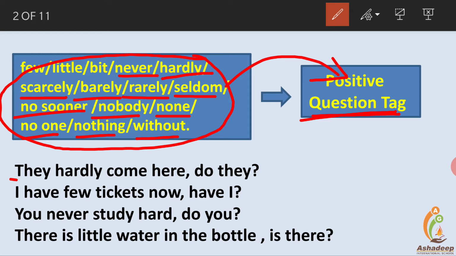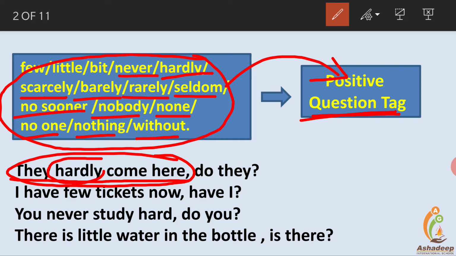They hardly come here. At first look, you won't find any negative word in this. There is no word like not or don't. But hardly is the word we say for almost never, rarely. It produces a negative sound, negative meaning.